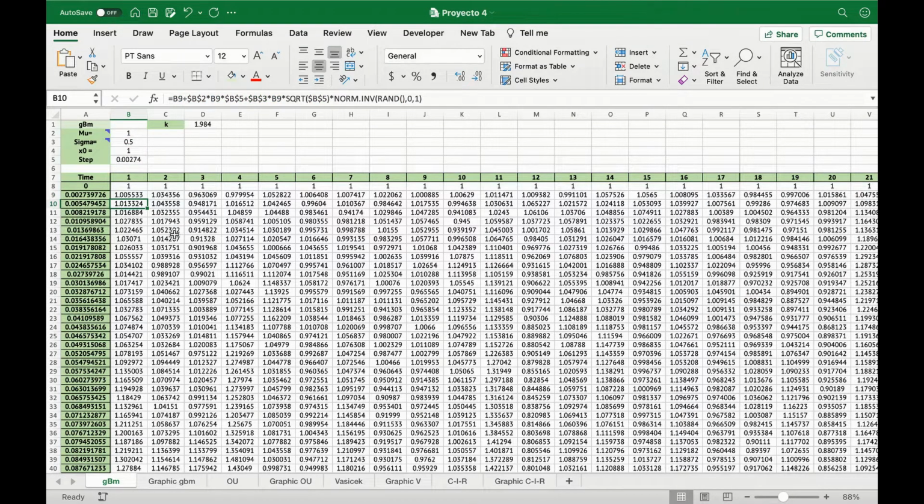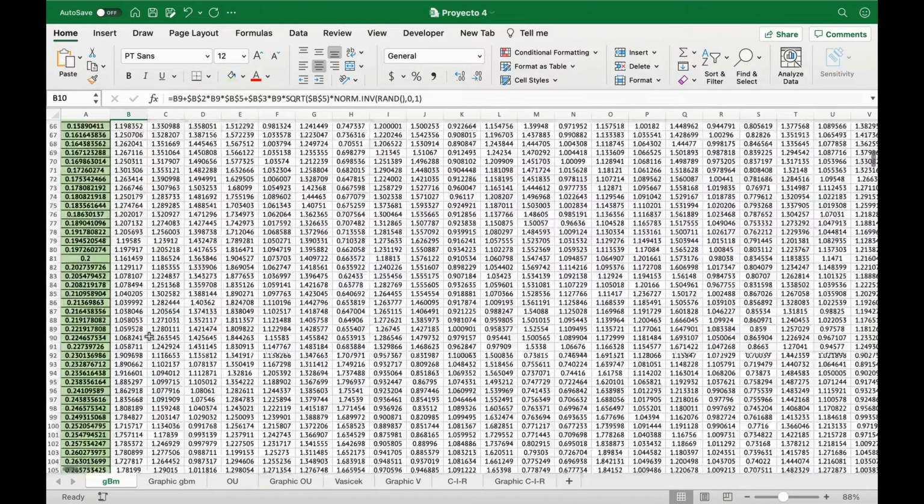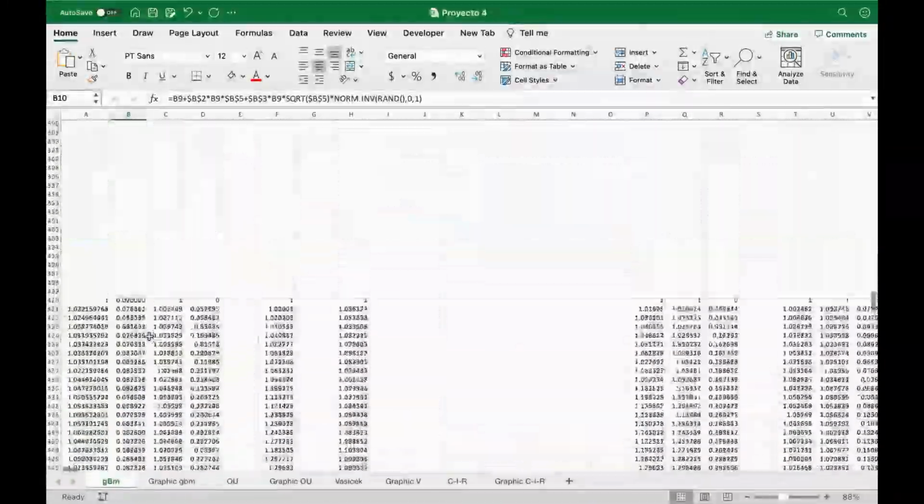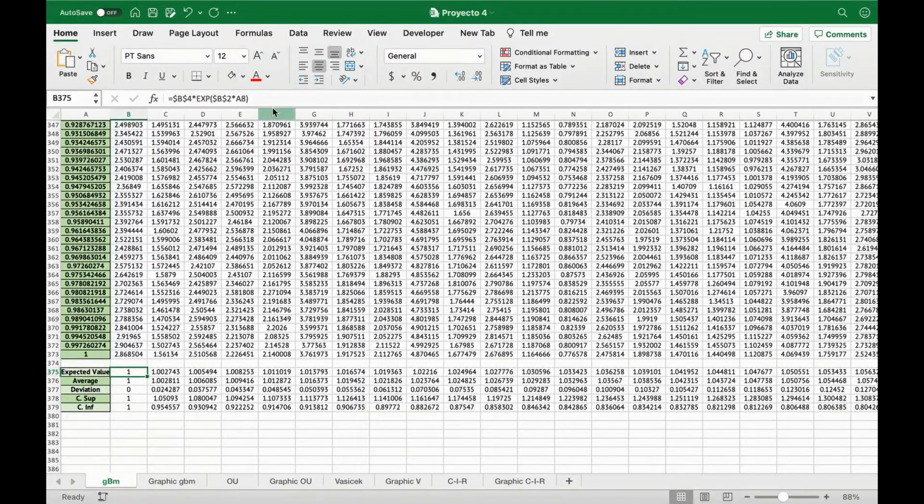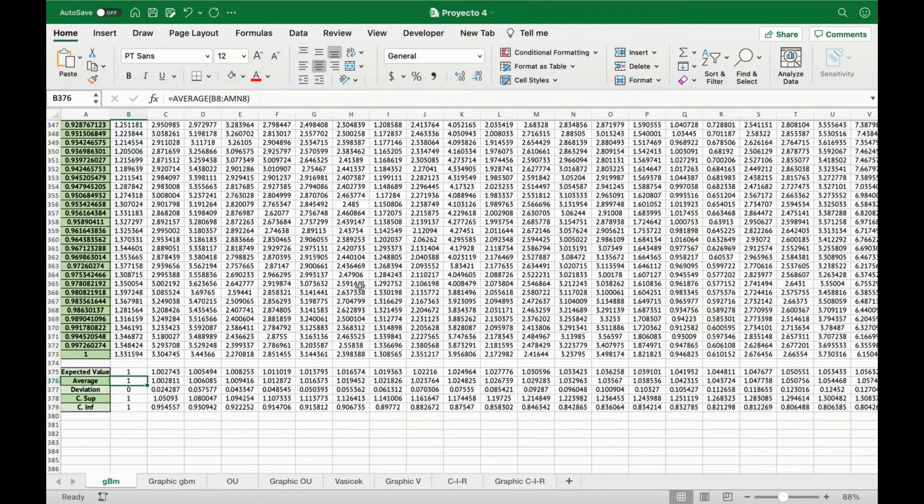And then we did this 1,000 times up to the time where we reach 1, and we calculate what will be the expected value using the formula that we already showed in the video, that in this case for the geometric Brownian motion is the value of x0 times the exponential function of mu times time, and we calculate what will be the average of each trajectory using only the average function in Excel. And finally, we calculate the deviation of every trajectory to be able to compute the upper and lower bound in order to see what will be the tendency of the model.